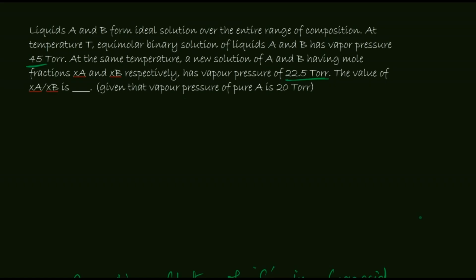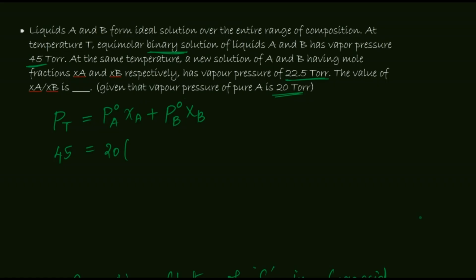So here we have two parts. The one is where we know the total pressure. So I just want to bring in a simple formula: pure A pressure into chi A plus vapor pressure of pure B into chi B. So the total pressure they have given, that is 45. And the pure A pressure is 20 torr. They have given that it is a binary solution.